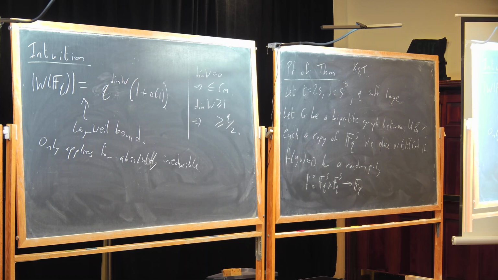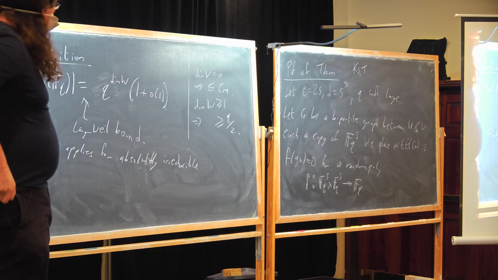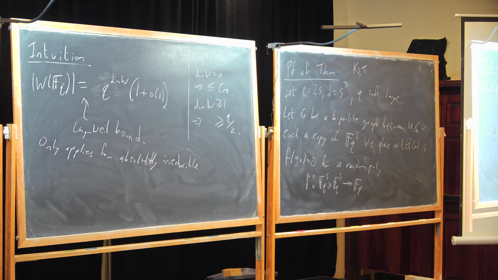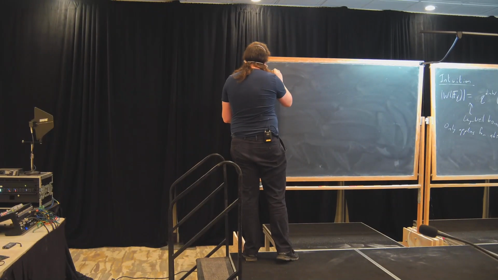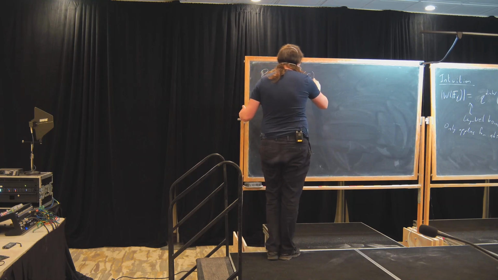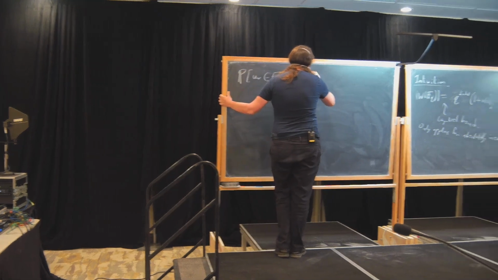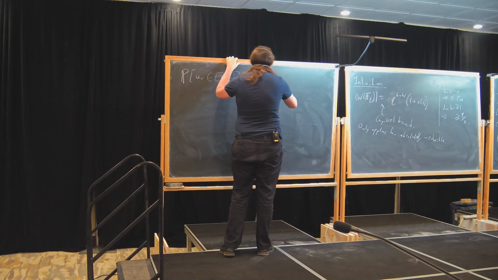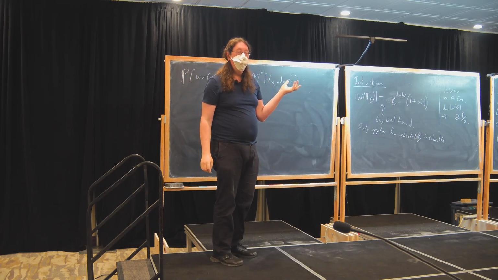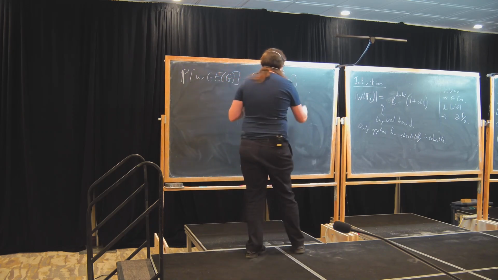Okay, so how many edges does this thing have? Well, the probability that uv is an edge is the same as the probability that f(u,v) is 0. And we've done that, right? It's the first lemma, so it's just 1 over q.